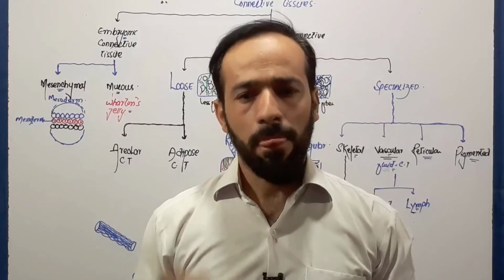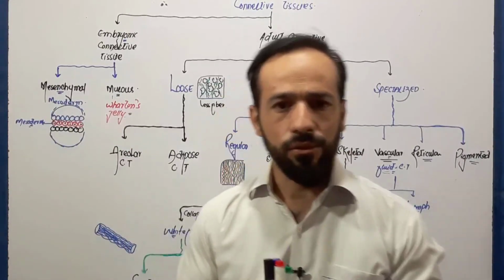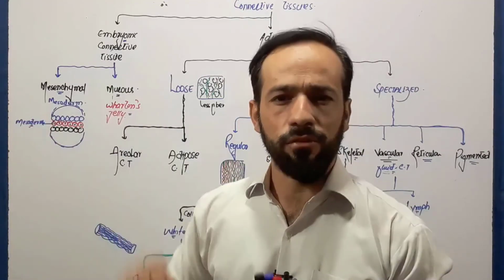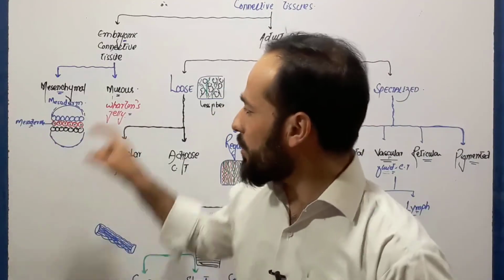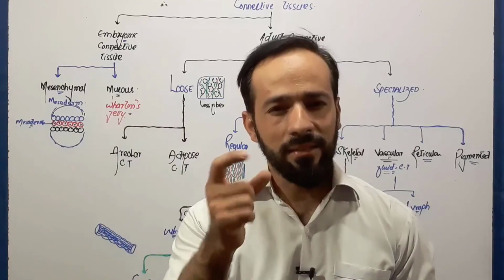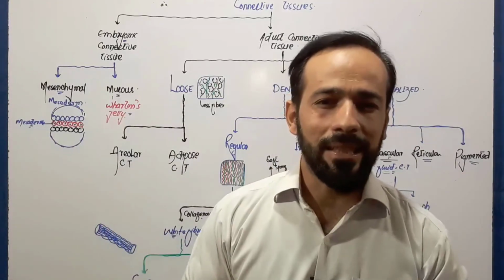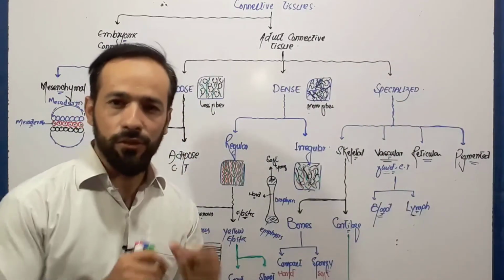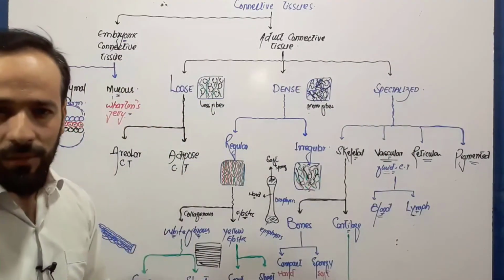The first is the mesenchymal connective tissue, and the second is the mucous connective tissue. Mesenchymal connective tissue is present in the mesoderm, and an example of mucous connective tissue is Wharton's jelly, which is present in the cord connecting the baby and the mother, right?